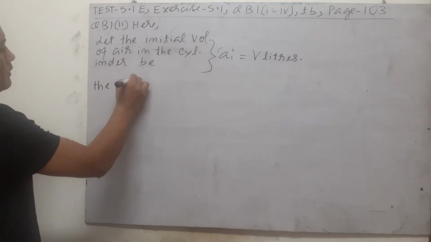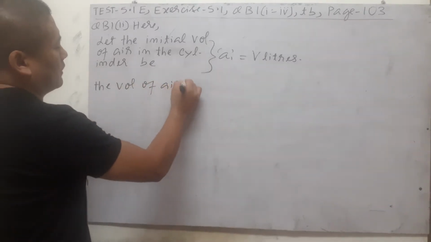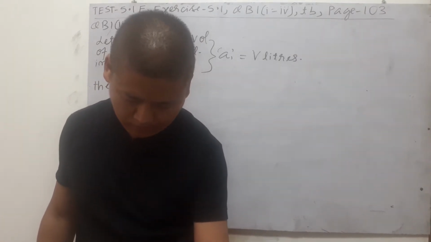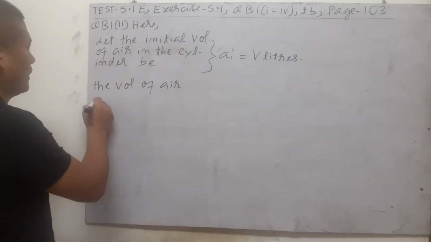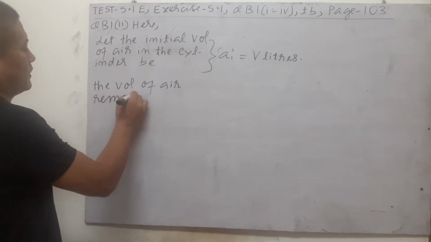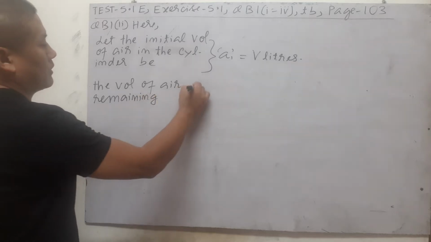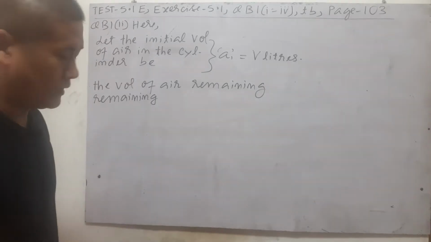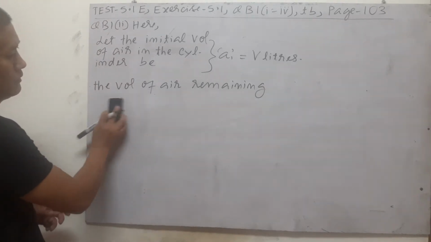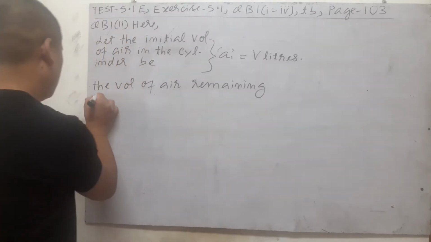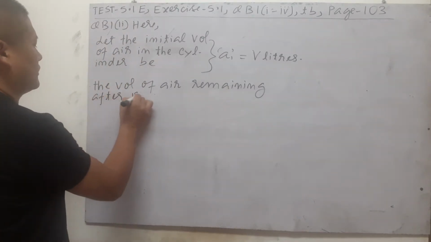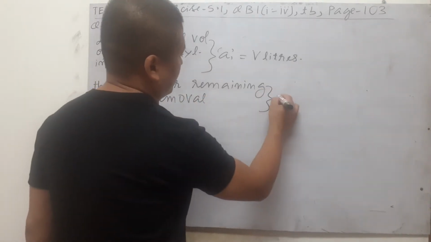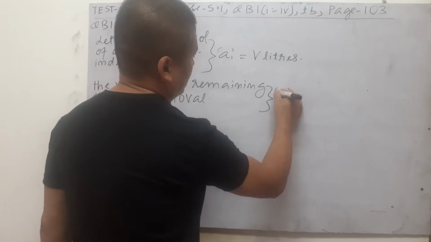Then the volume of air remaining after the first removal, let us represent this one by A2.